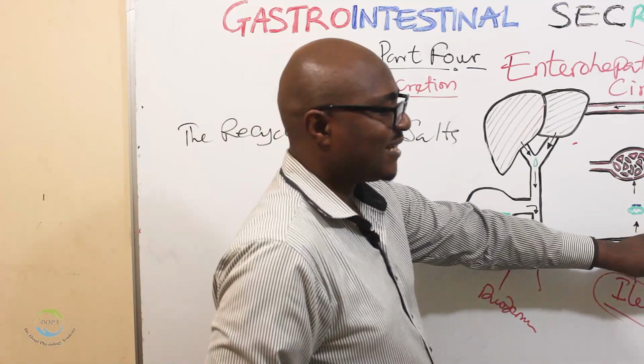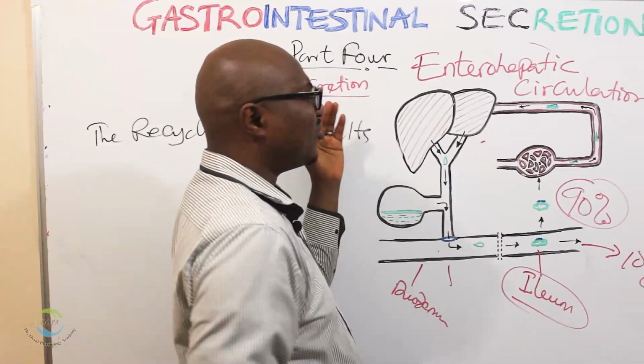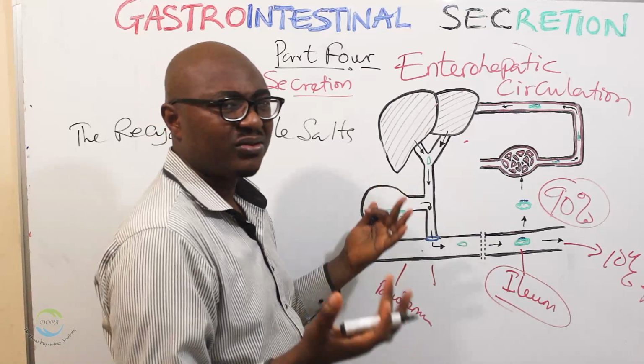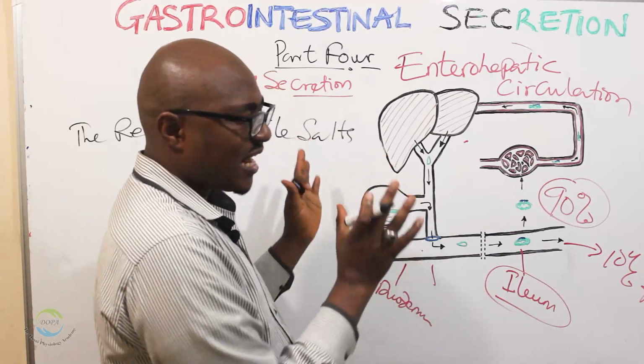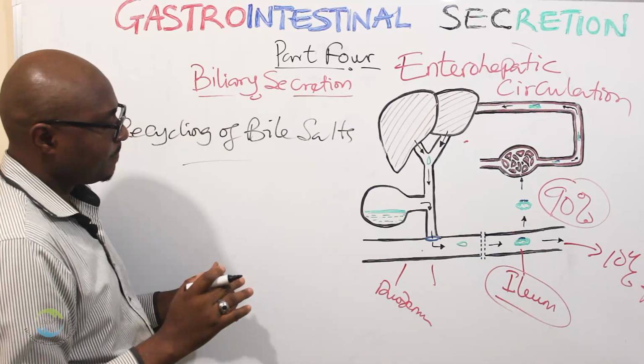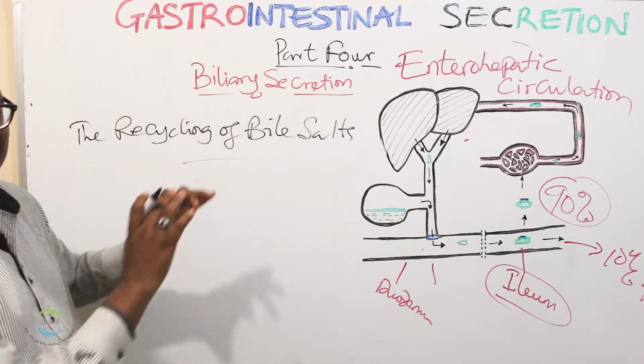Imagine just that this 90% is being wasted. The liver will be doing unnecessary work, synthesizing so much bile acid from cholesterol. That's waste. So it conserves all that. Just 10% is continually lost. Okay? So that is very important for you to know.